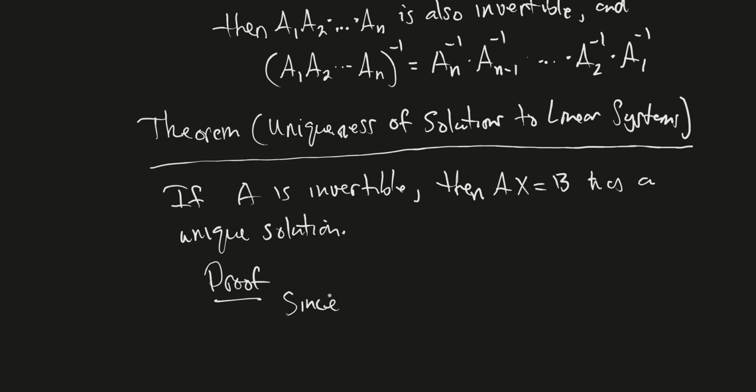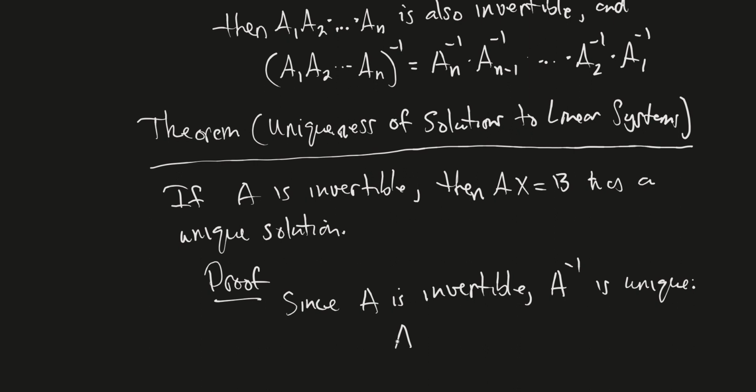Since A is invertible, and by what we did previously, we know that A inverse is unique. Then we just go through and essentially represent the process symbolically.